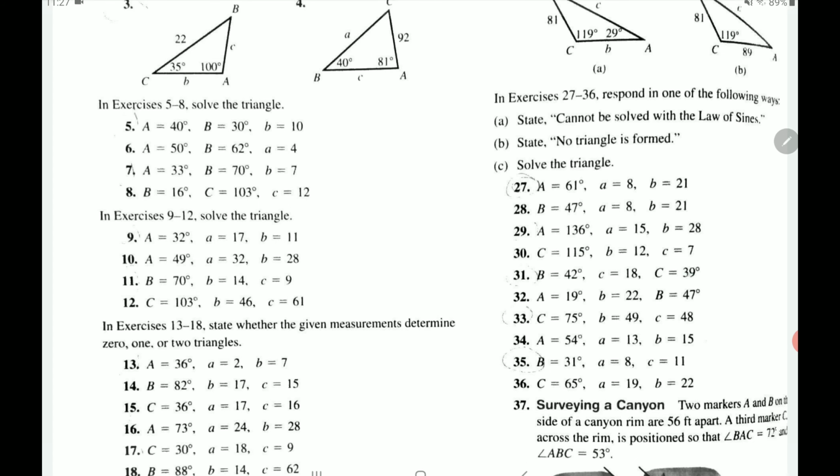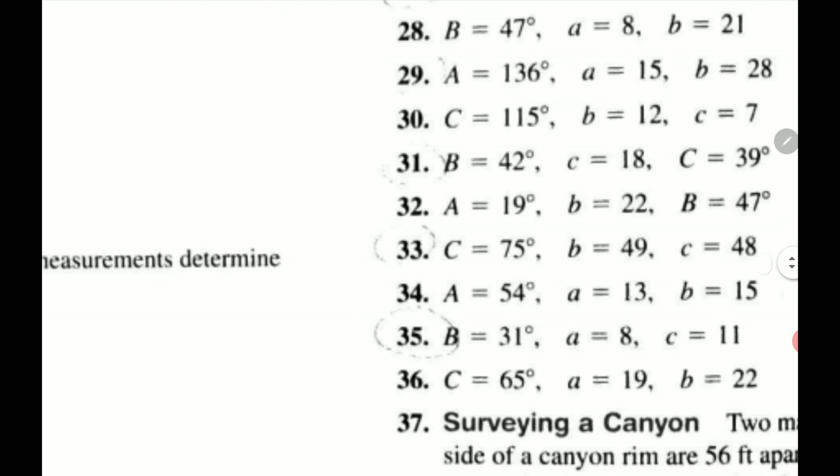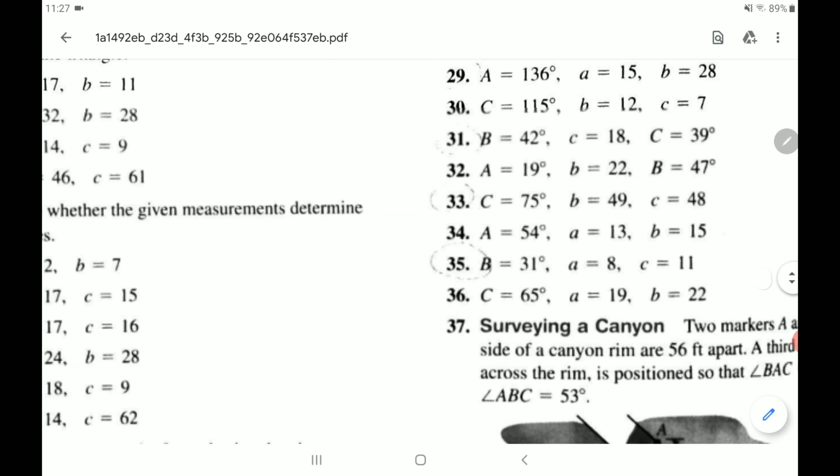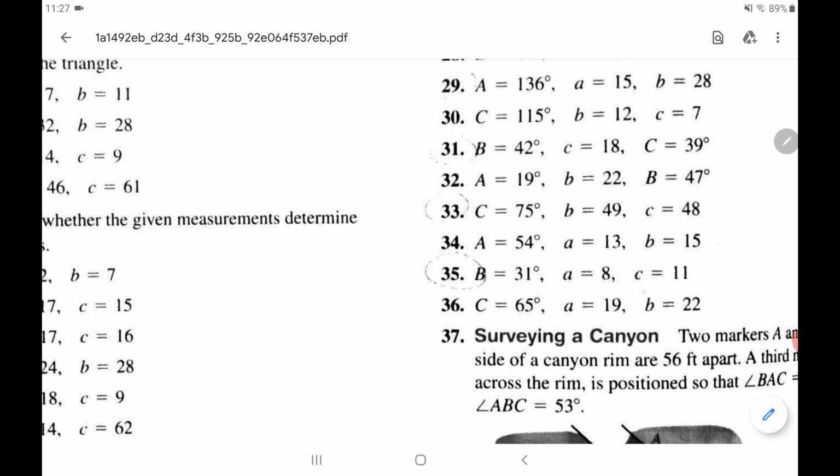I'm good to go here. Honestly, just good to go if they give you 2 angles. Okay, no issue. 31. All right. 33. Yeah, it should be no problem here, because these are really close together. Shouldn't be an issue for this one. And 35. Yeah, if you look at 35, there's going to be a bit of an issue there.